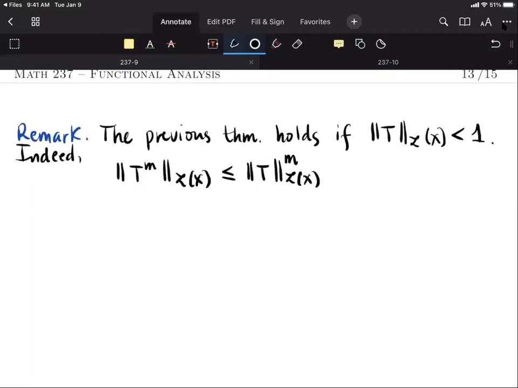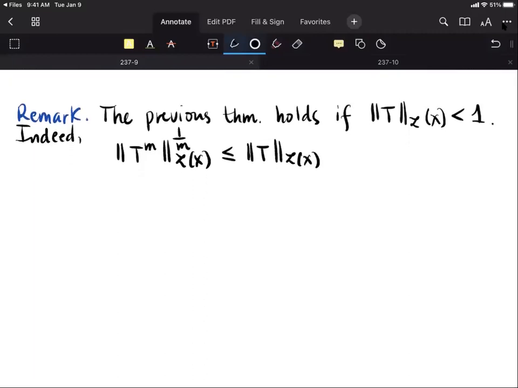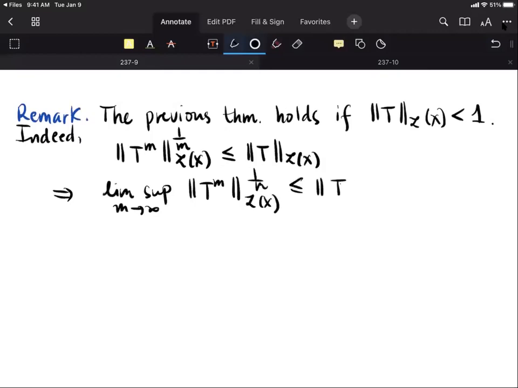And if we raise this to the power 1 over m, we have this estimate. Taking the limit superior of both sides, but by assumption, this is less than 1.